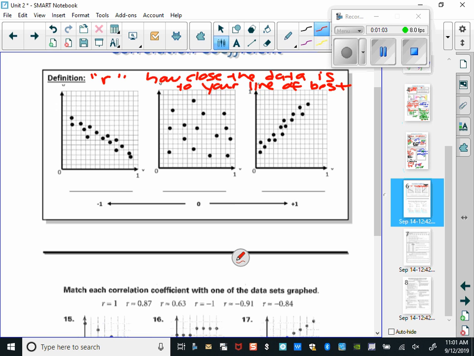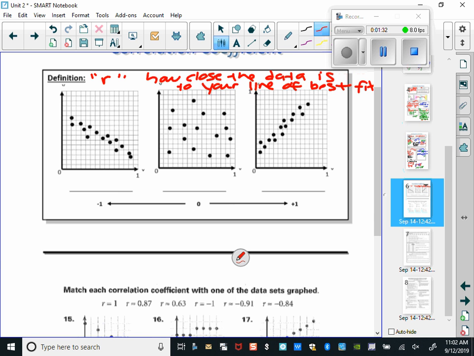Thinking about it in science, if you're doing an experiment and collecting data, would this graph in the middle tell you really any relationship about what's going on between the data? No, right? This one right here is going to represent what type of correlation? Positive or negative? Negative. This one would represent positive.